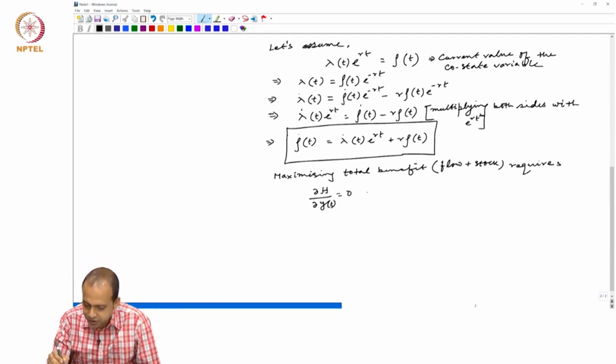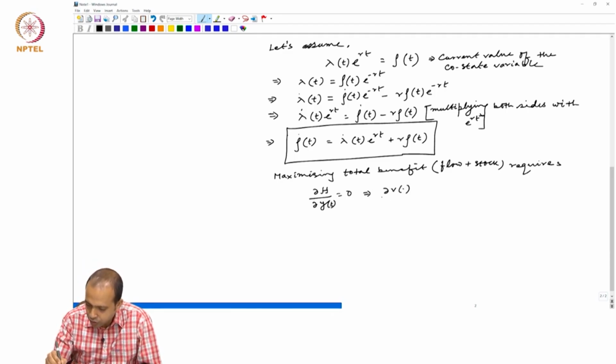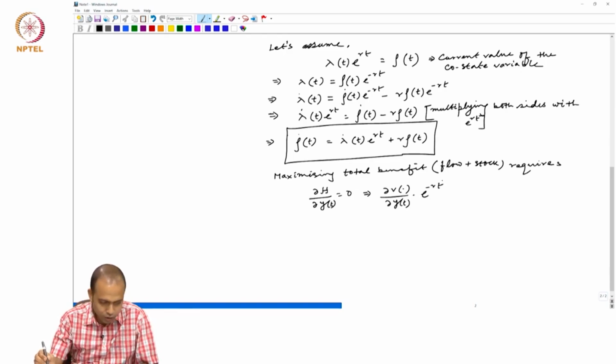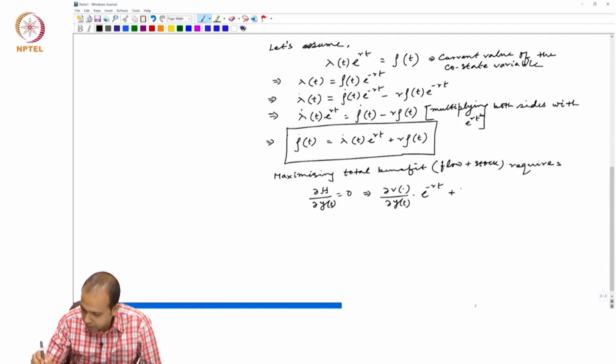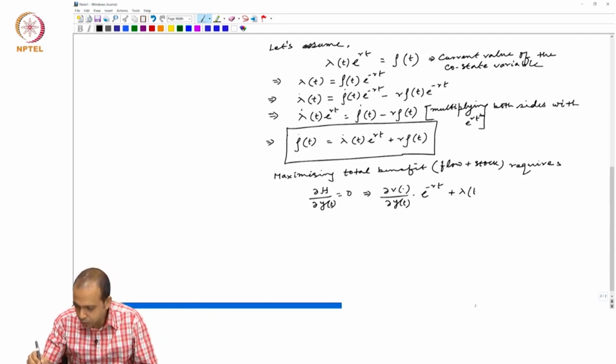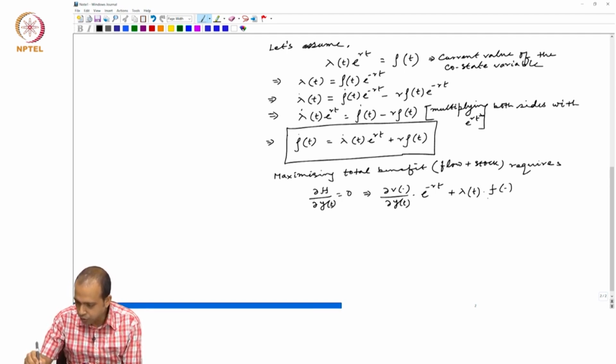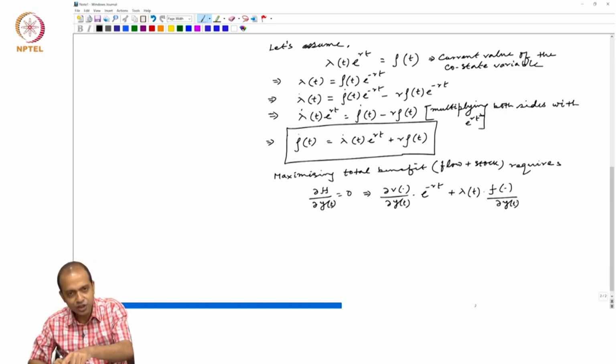Now, if you differentiate that H function, what you will get? You will get del V by del y t into e to the power minus r t plus lambda t into del F by del y t, because y t was there in the V function, y t was there in this F function also. So, differentiating Hamiltonian with respect to y t means you have to differentiate this.